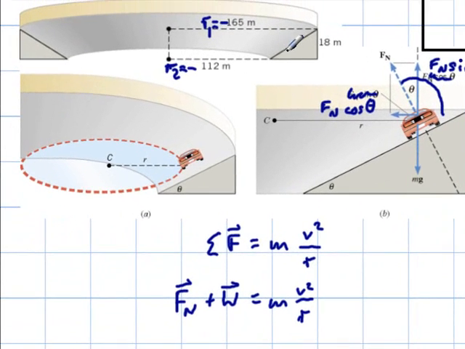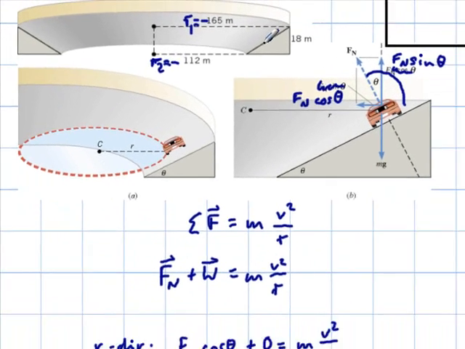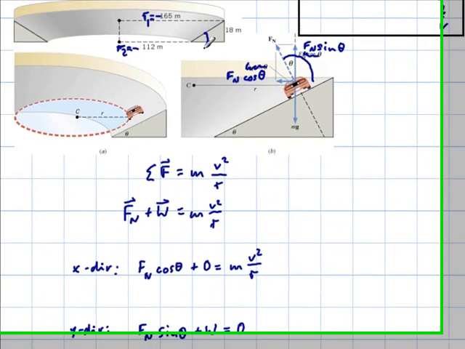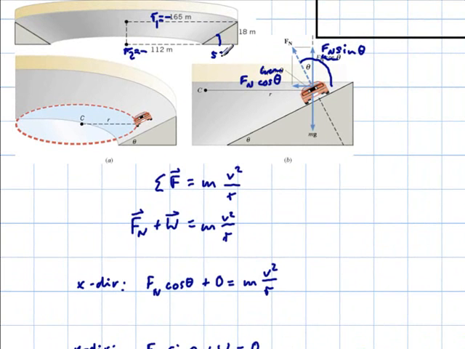Actually, the only thing we really know is the angle here. In fact, we do know this angle. Notice that this side here would be 53 meters. And when you calculate that, we come up with 19 degrees. So 19 degrees, and that means that the angle theta that we need for the normal force is 109 degrees.